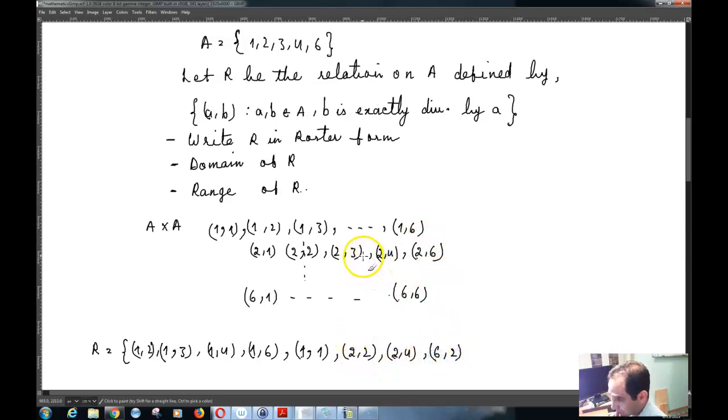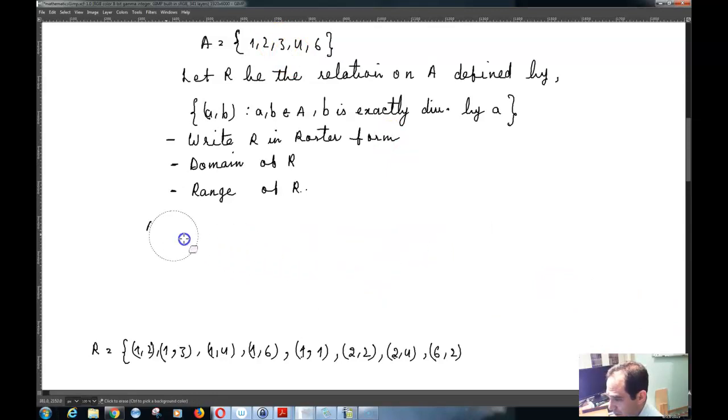Now when it comes to 3, for example, it's easier to write them out really. That way you wouldn't make any mistakes. So (3, 1), (3, 2), (3, 3), (3, 4), and (3, 6).